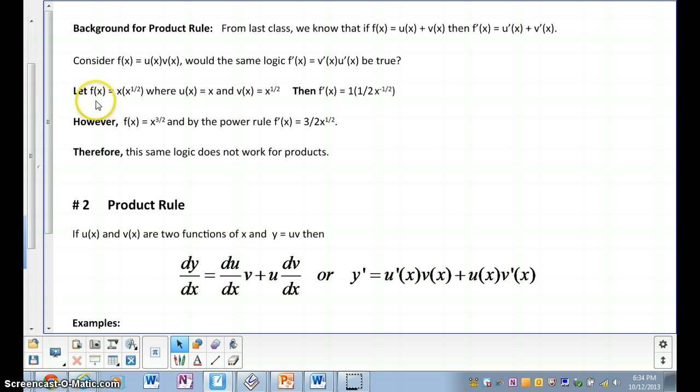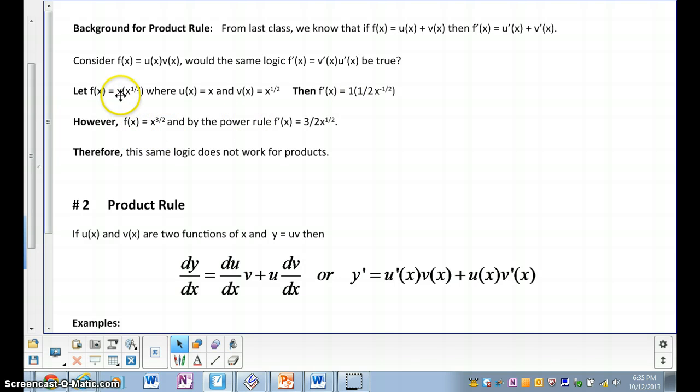If we have f of x equals x times x to the 1/2 power, we could say that u of x equals x and v of x equals x to the 1/2. So we have a product here, x times x to the 1/2. If this was true, then the derivative would be 1 times 1/2 x to the negative 1/2.